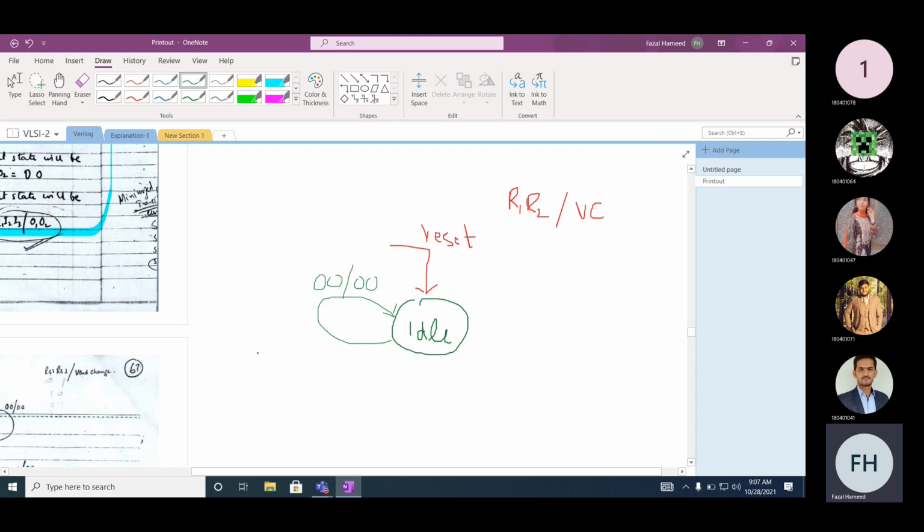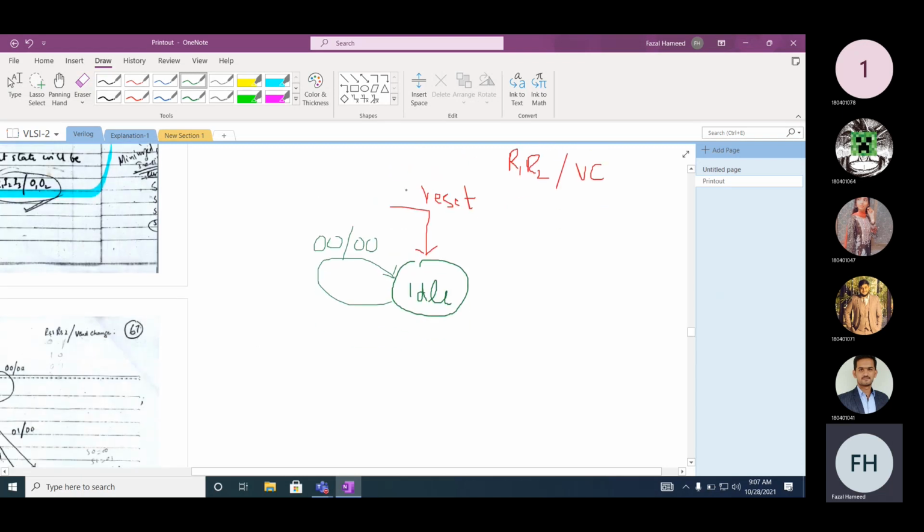Now let's assume the input is 0 1, which is ₹1, yes. So it will make a transition to some other state. I call this state S2.